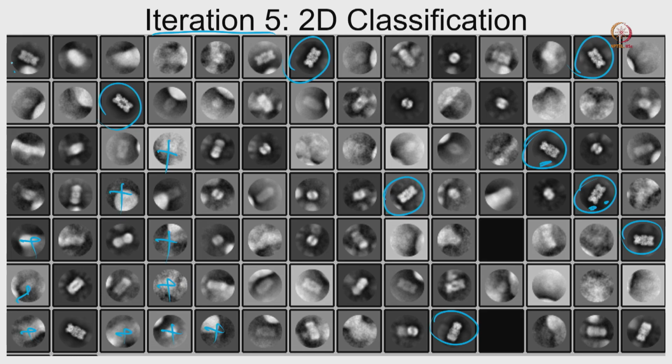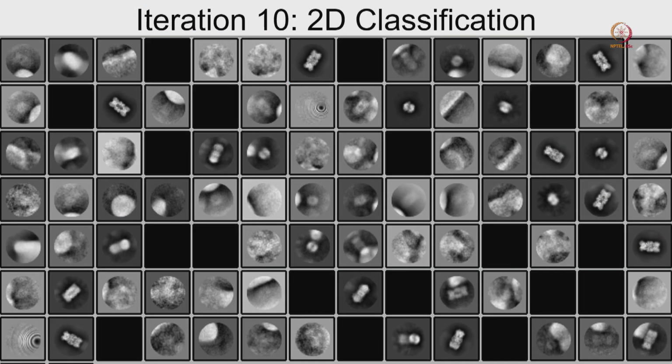Here we will select only these good classes and go for the next round, 3D classification. But before that, we first want to finish the iterations until 20 or 25. It is only the 5th iteration now, so I will gradually increase the iteration.